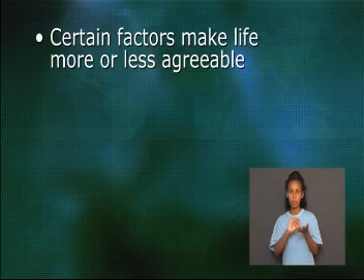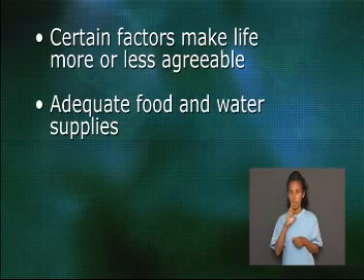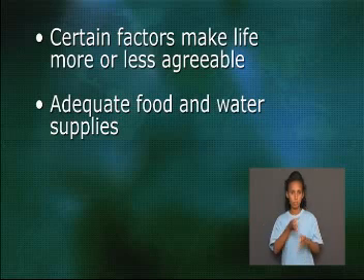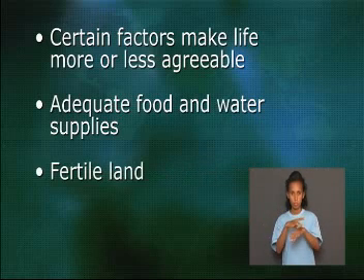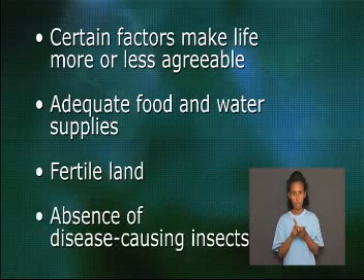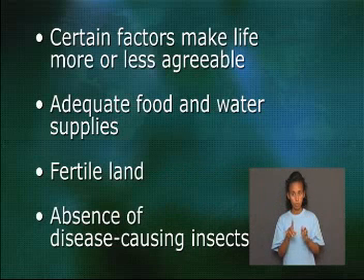For example, a family might have chosen to live in a specific area because there are adequate food and water supplies, fertile land, and an absence of disease-causing insects.